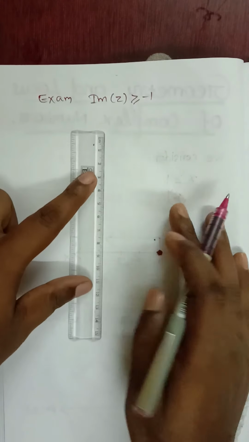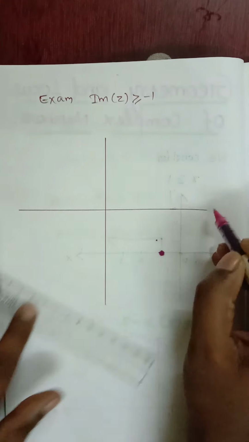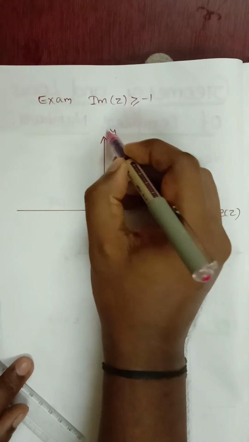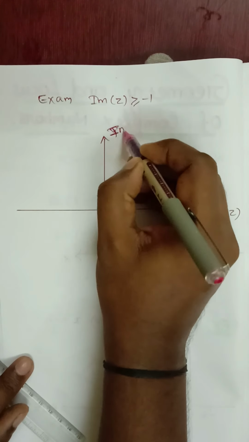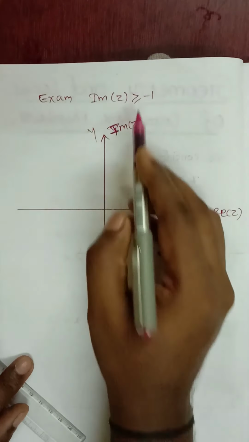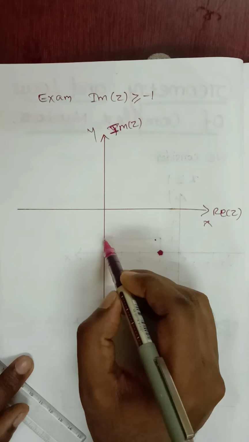In the same way, I am going to take the x-axis and y-axis. The x-axis is the real axis and the y-axis is the imaginary axis. This is the real of z and this is the imaginary of z. The imaginary of z is y, so y greater than minus 1. What does greater than minus 1 mean?